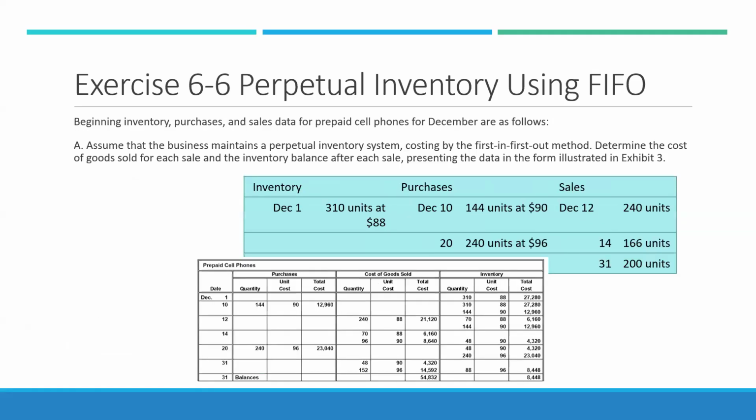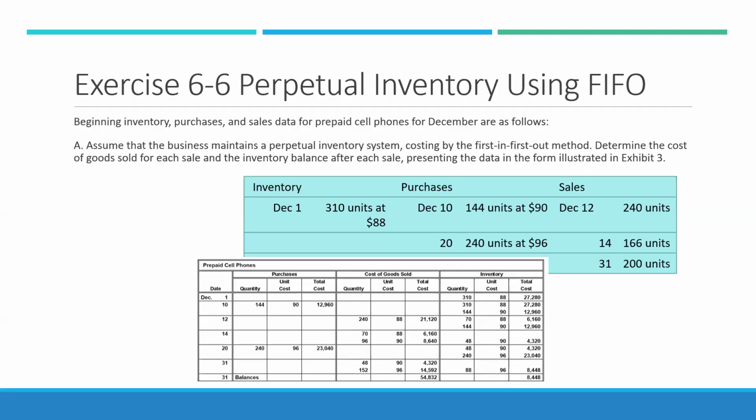And under FIFO, it's going to be always using the initial inventory first. And so the sale of 240 is going to be all from the 310.